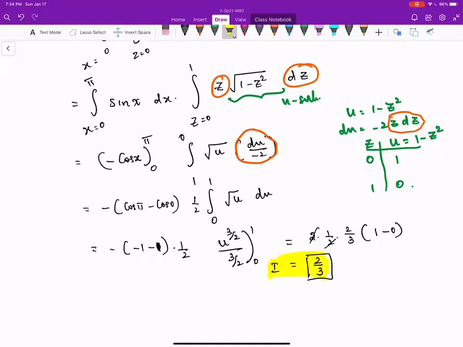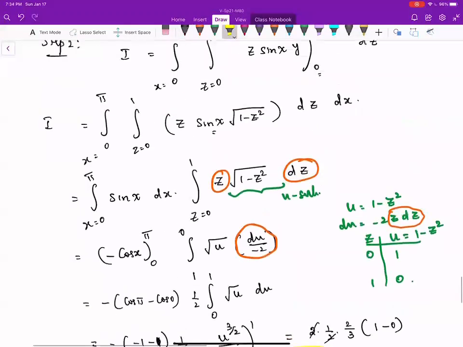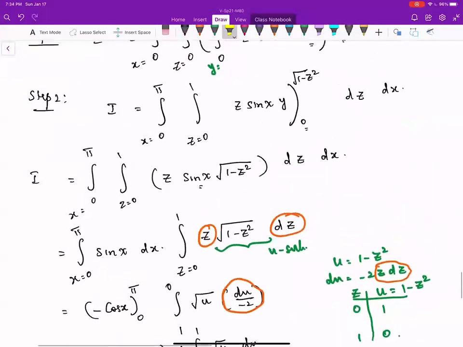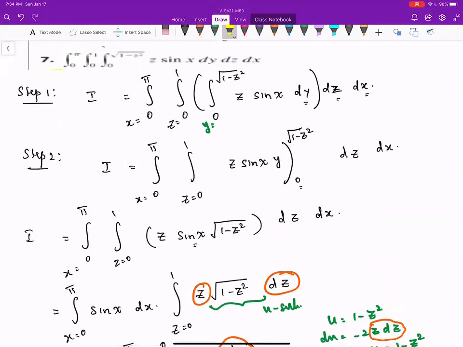Here we saw how we can apply varying limits. If the limits are in terms of a variable, like in this problem, y runs from 0 to the square root of 1 minus z squared, so the upper limit is a function of z.